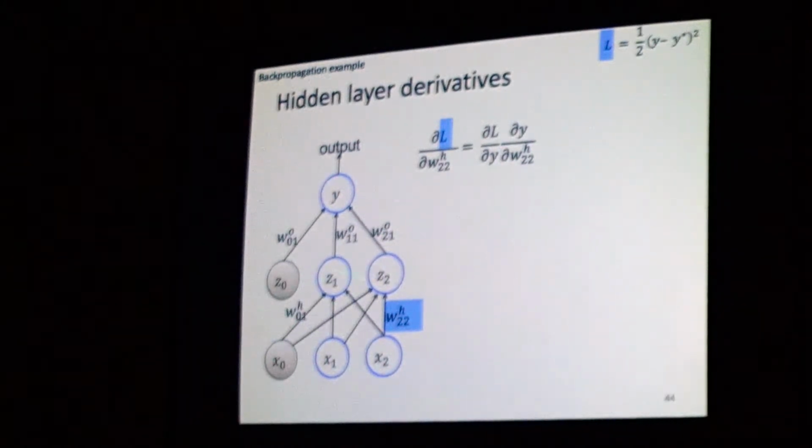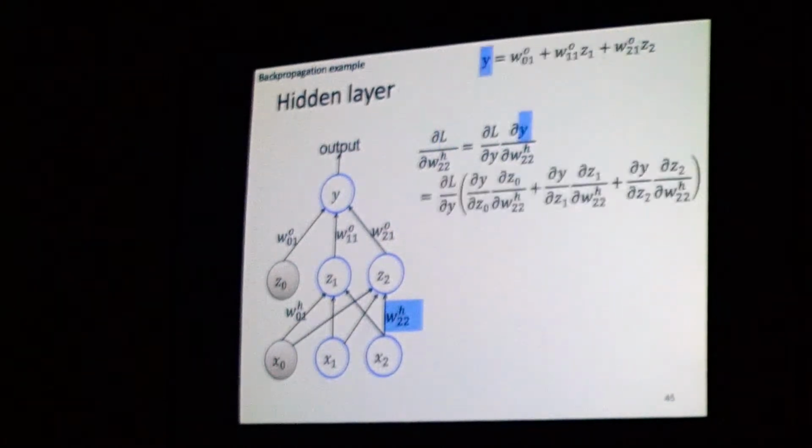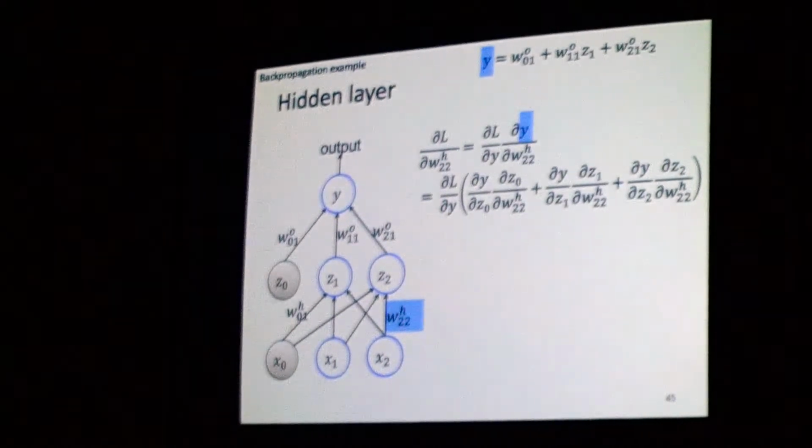From the network structure, we can see that Y is immediately dependent on Z0, Z1, and Z2, so we can recursively apply the chain rule. We rewrite partial Y over partial W22H as partial Y over partial Z0 times partial Z0 over partial W22H, plus partial Y over partial Z1 times partial Z1 over partial W22H, plus partial Y over partial Z2 times partial Z2 over partial W22H. This is just applying the chain rule.